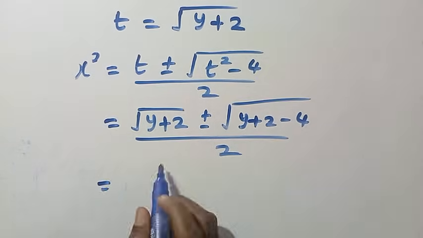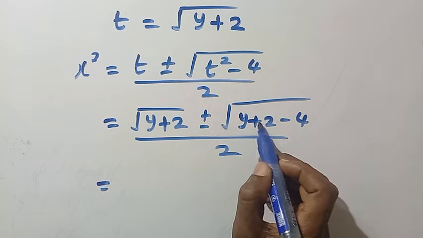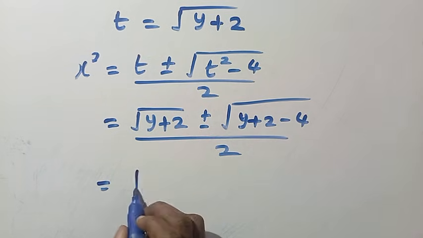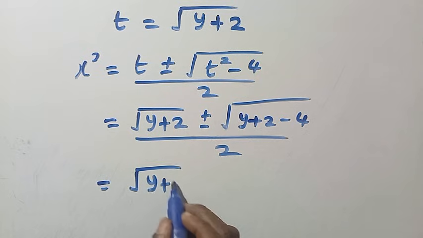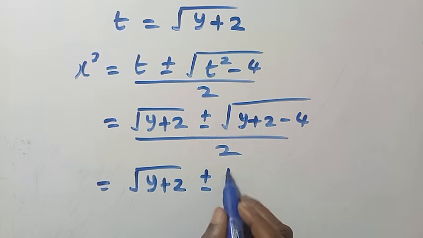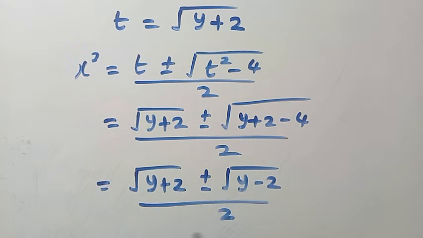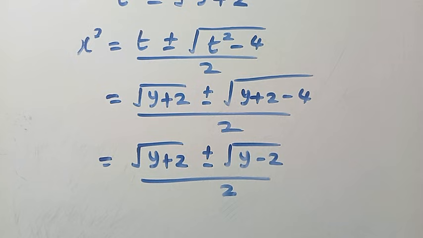After having this, we are going to rewrite this as y plus 2 minus 4, that is y minus 2. Then we have the square root of y plus 2 plus or minus the square root of y minus 2, then divided by 2. So this is what we have for the x squared.